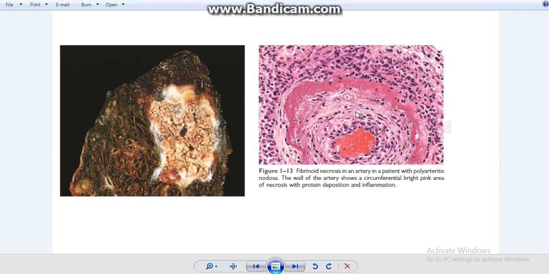Malignant hypertension differs from benign hypertension in that it is an episodic hypertension, and it results in headache, papilledema, in severe cases renal failure, and it is basically an emergency. Whereas benign hypertension is a long-term damaging hypertension. So this is the characteristic of fibrinoid necrosis.